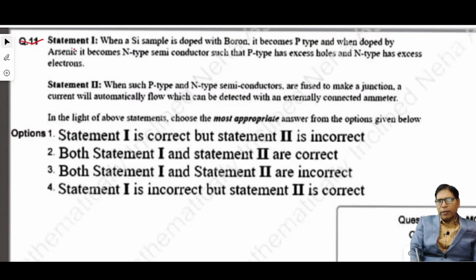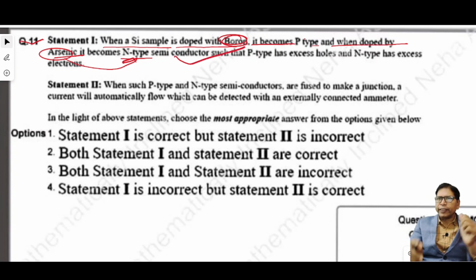Okay. Number 11, the statement type question. When a Si sample is doped with boron, it becomes p-type, and when doped by arsenic, it becomes n-type. Look at this, boron is trivalent. So when silicon is doped with boron, it becomes p-type, and arsenic is pentavalent. So this becomes n-type. So this statement is correct.